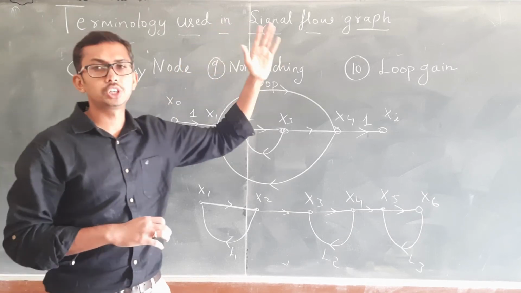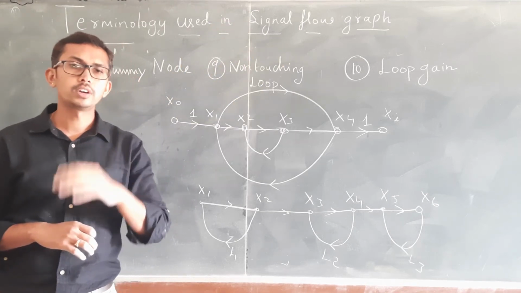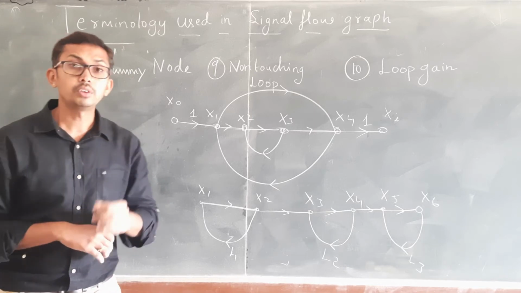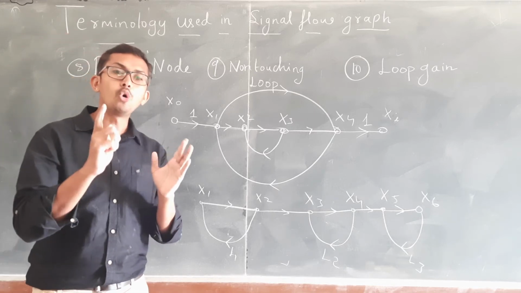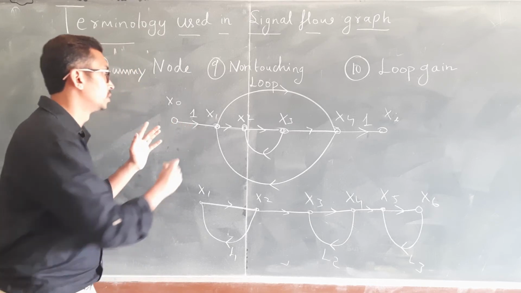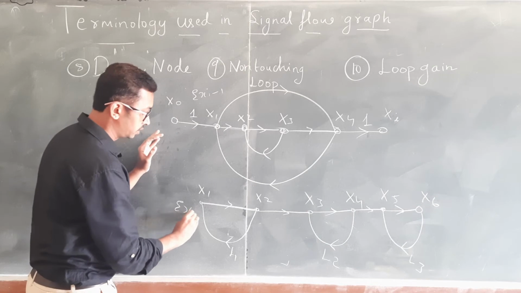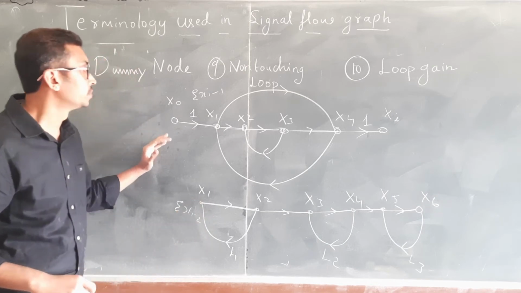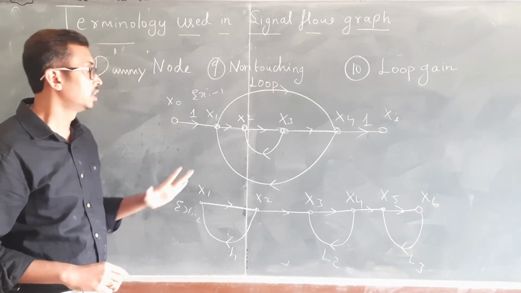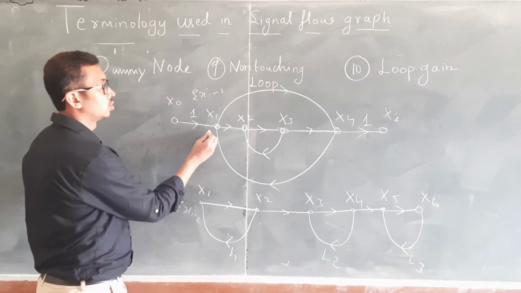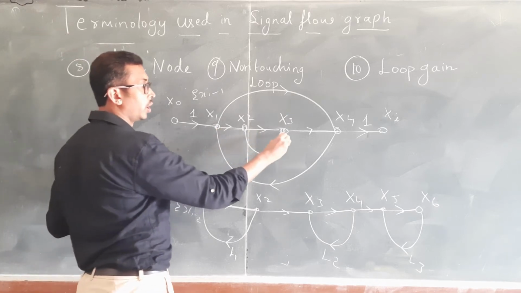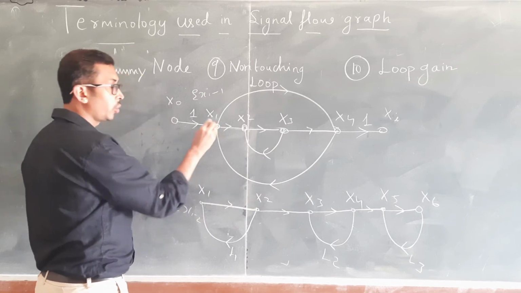Now, non-touching loops. What is the meaning of non-touching loops? First, we need to identify how many loops are there in the system. I have taken example 1 and example 2. Here, loop number 1 is x1, x2, x3, x4 and back to x1.